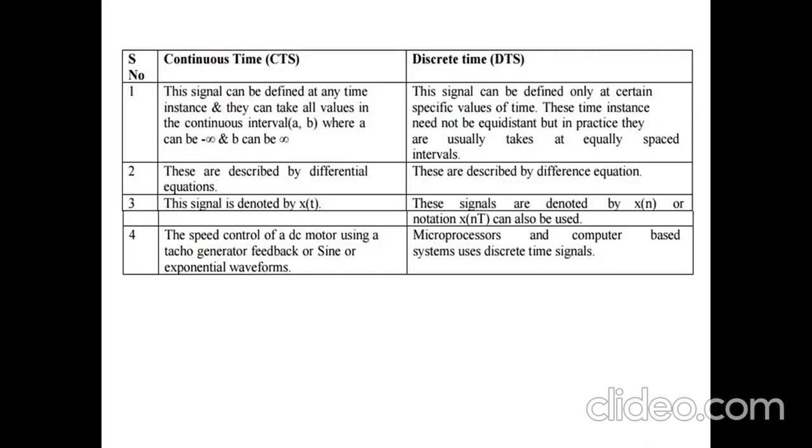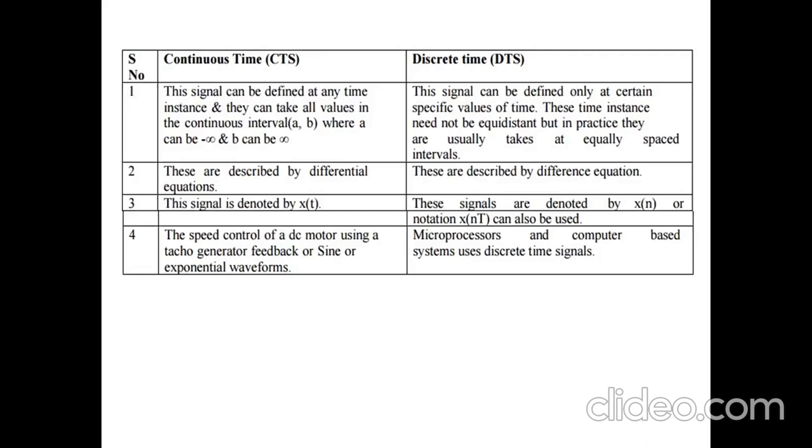Continuous time means a signal is continuously varying with respect to time, over a continuous interval from minus infinity to infinity. A discrete time signal, in contrast, can be defined only at certain specific values of time.